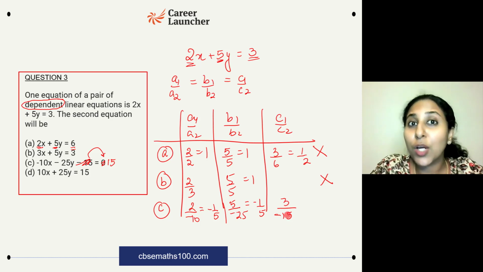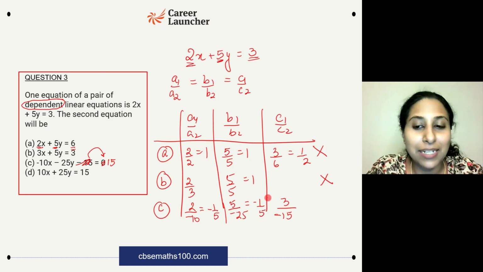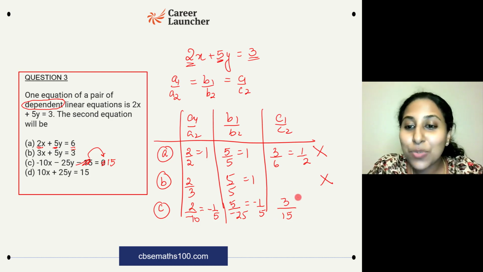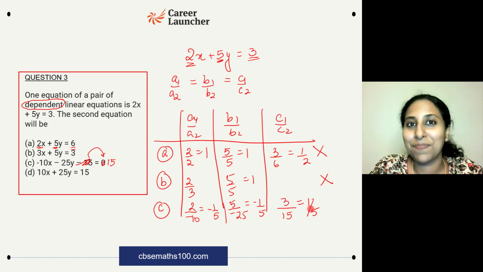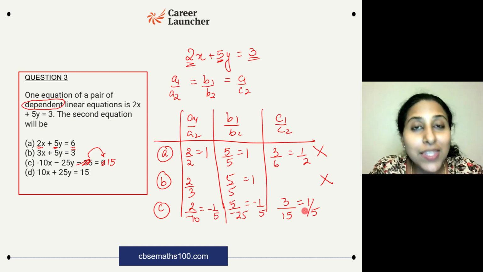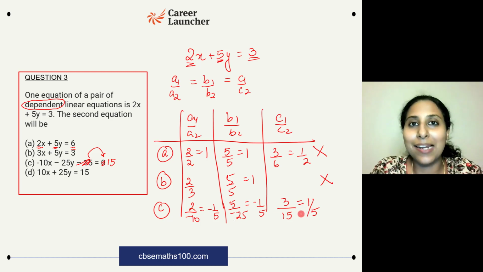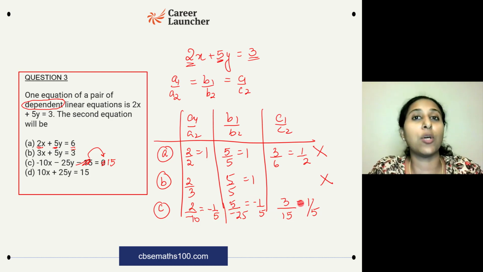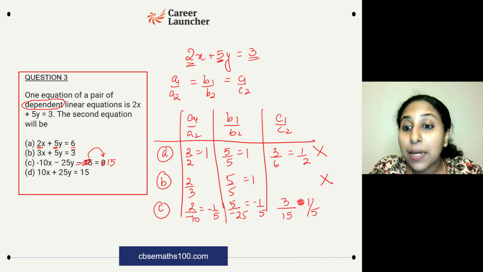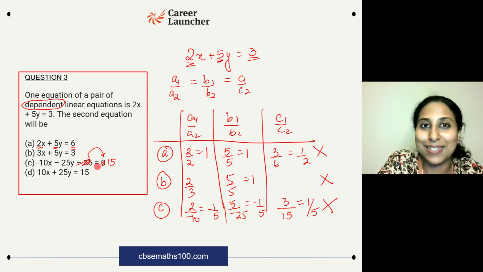So this ratio here would not be 3 by minus 15. It will be 3 by plus 15. And this would be 1 by 5. So you can see over here, this is not the answer. These are actually parallel lines because A1 by A2 is equal to B1 by B2 but not equal to C1 by C2. So these are parallel lines. This is not the answer choice. Please be careful about this.